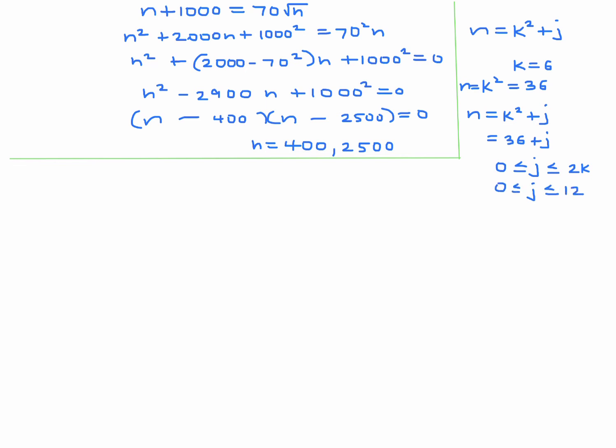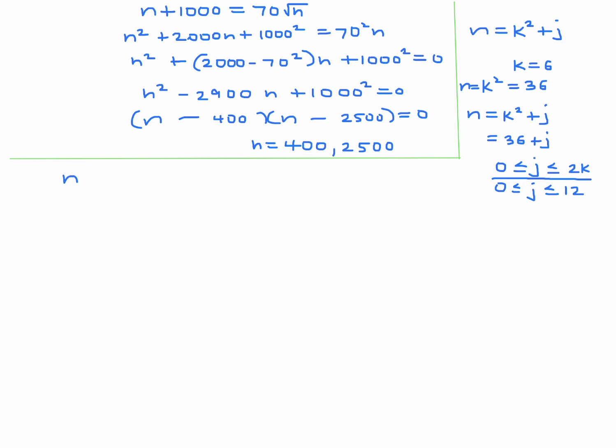Watch what happens when j is outside of this boundary, let's say it's 13: we add it to 36, it becomes 49, and 49 is a perfect square. So it goes right back to the previous scenario. We can't make it a perfect square again, and that's why we have this all-important boundary, or range, I should say. Hopefully that makes sense.